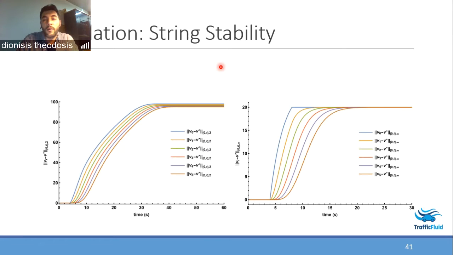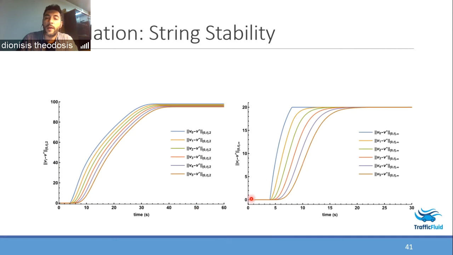So these are the plots for the L2 string stability on the left and the L infinity string stability on the right. L2 string stability was the dissipation of energy, so the first vehicle has more energy than the second, more energy than the third, and so on.